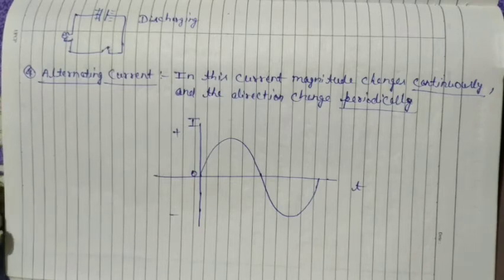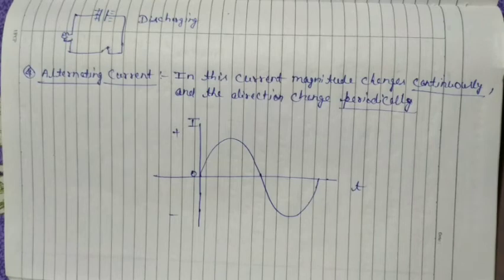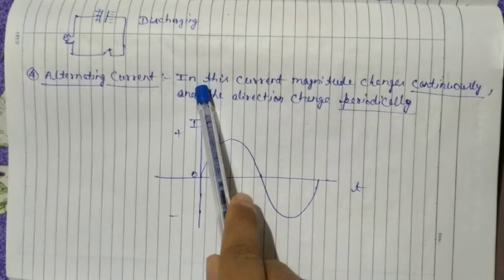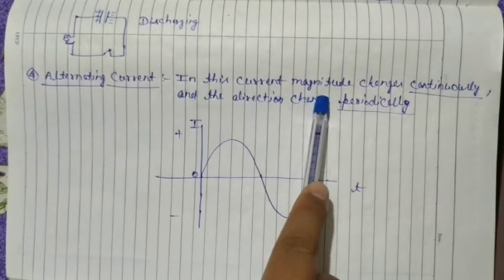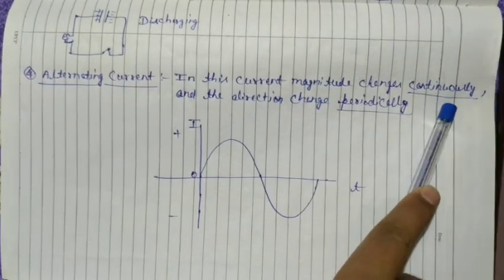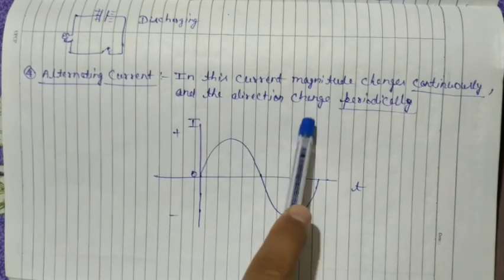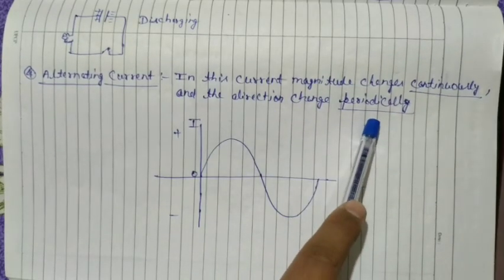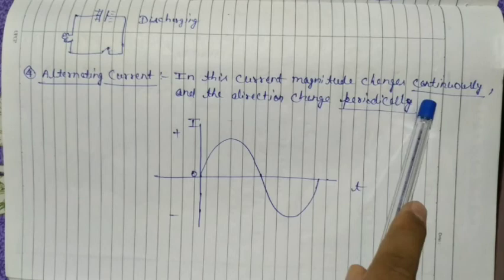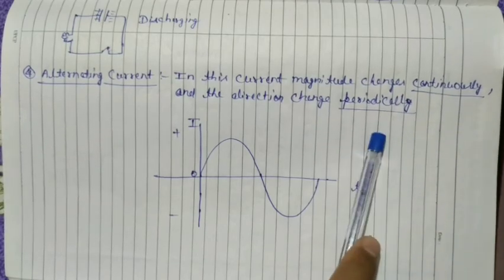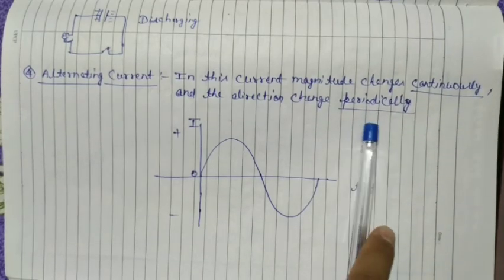In this current, magnitude changes continuously and the direction changes periodically. One thing continuously and one thing periodically.